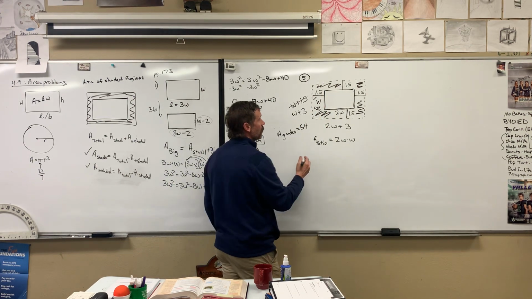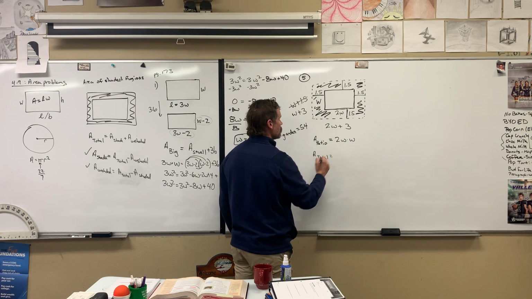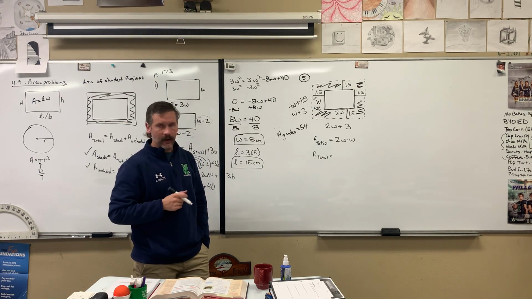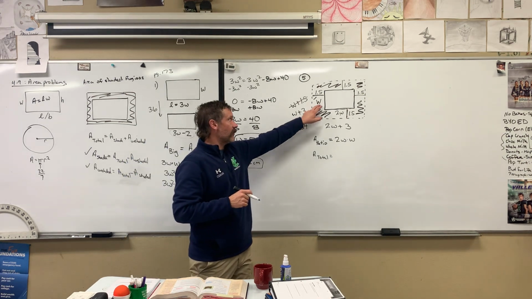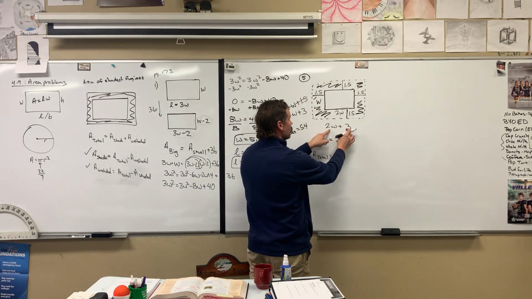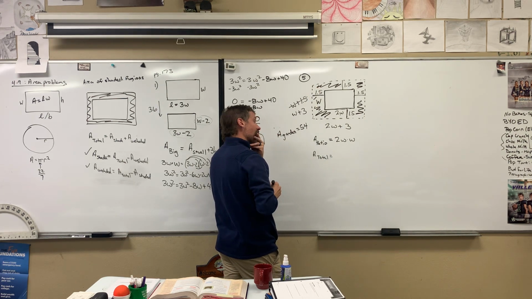What would the area total be of the entire thing? How would I write the area of the entire thing? It's not 54 because that's just the area of this. 2W times W plus 54. Well, yes, that would be true.